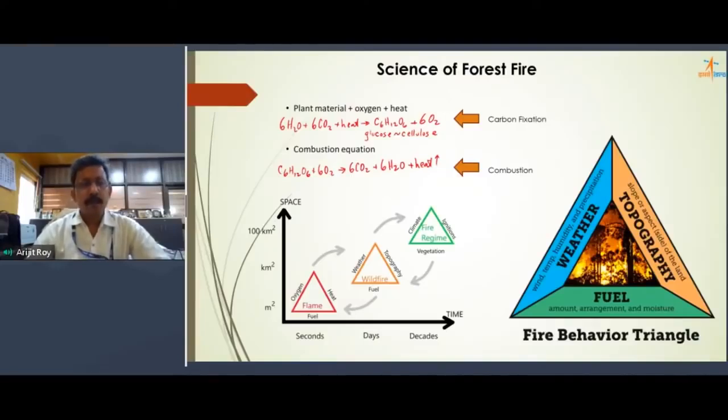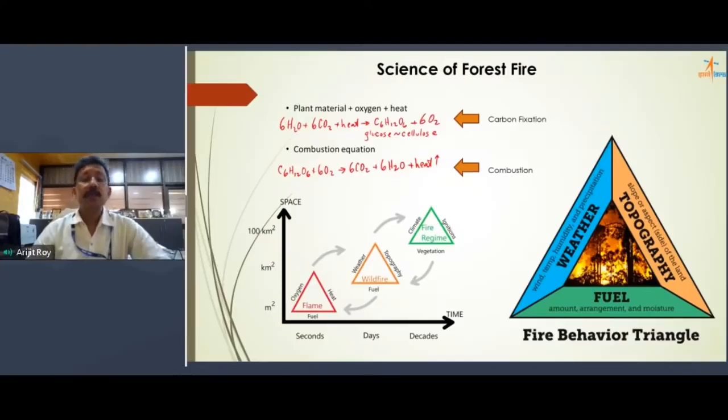But when the amount of fuel is higher and the weather conditions are conducive for fire with appropriate topography, we have forest fires, which continue for days together.